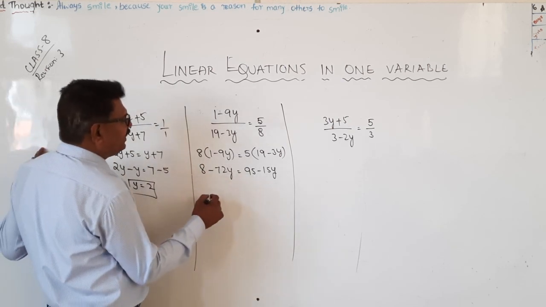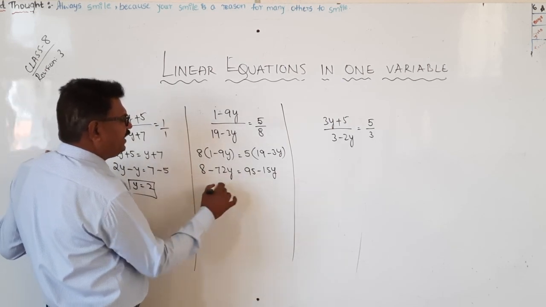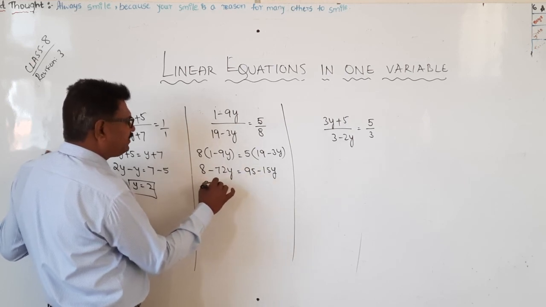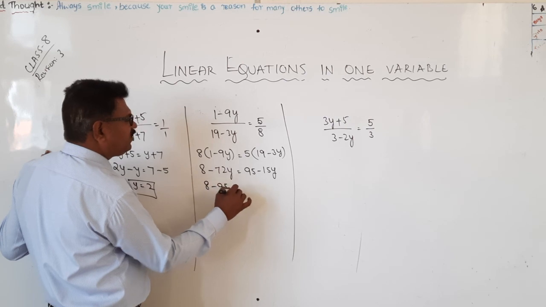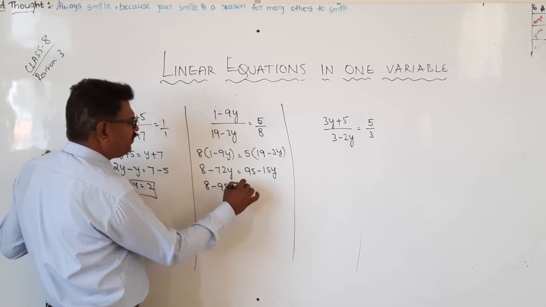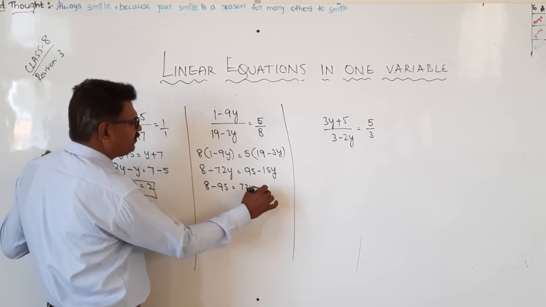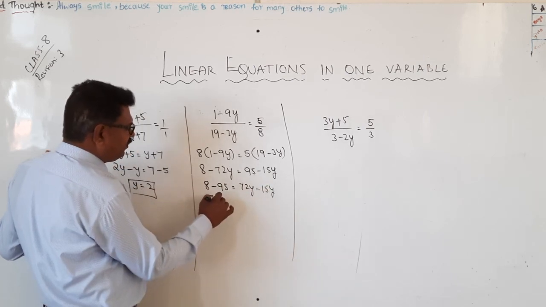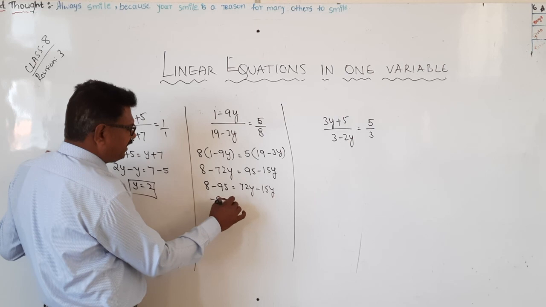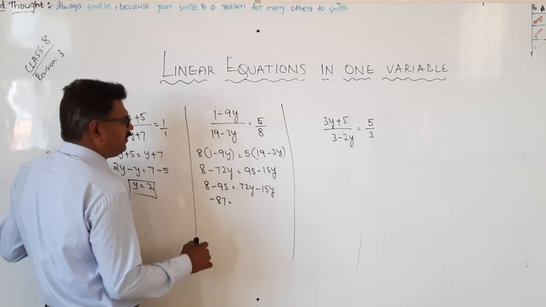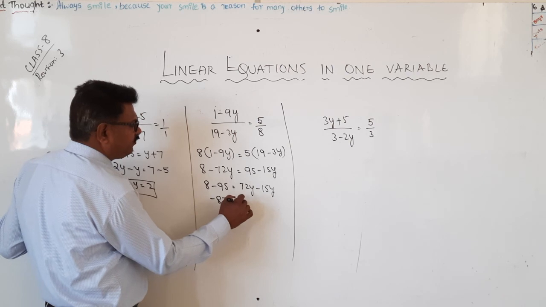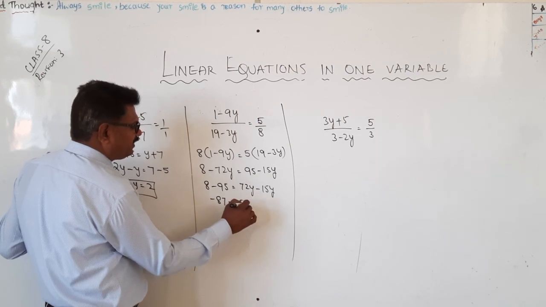Here 72y is there, so take that side, bring 95 here. Therefore 8 minus 95 equal to 72y minus 15y. So 8 minus 95 is minus 87 equal to 72 minus 15, 57y.